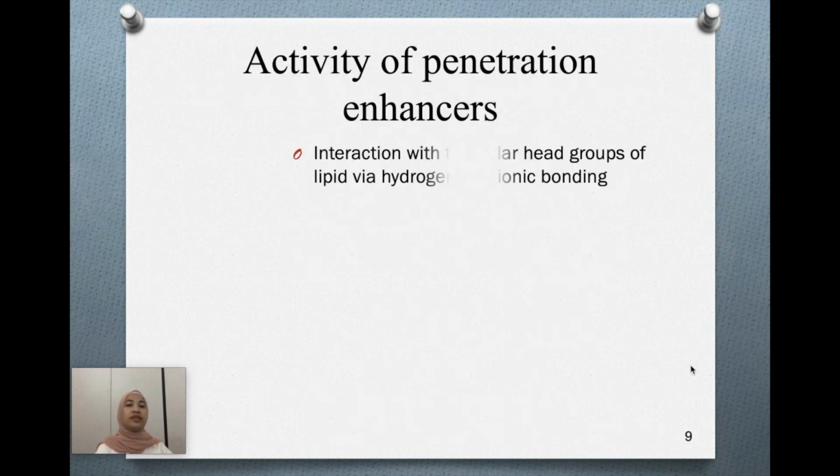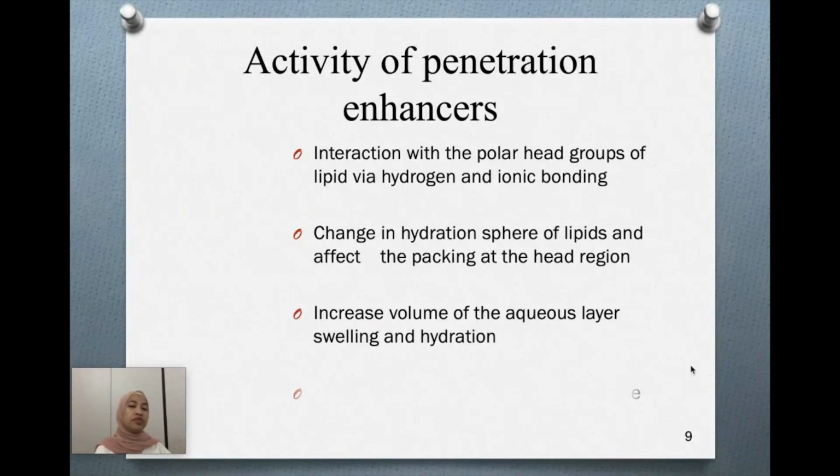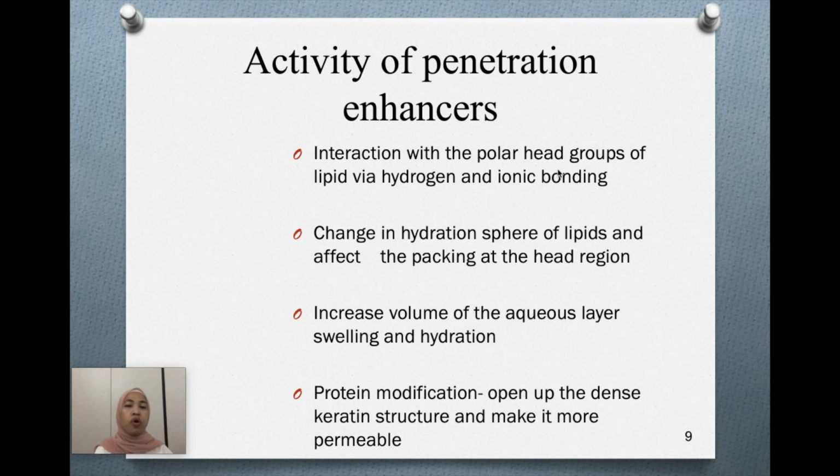So how do the penetration enhancers work? There are 4 ways. It interacts with the polar head groups of the lipid via hydrogen and ionic bonding. It can change the hydration of the lipids and affect the packing of the head. So you have the lipid head, so it changes the hydration. It can open up the head a little bit, so the drug can pass through.